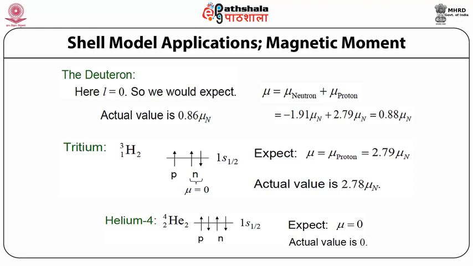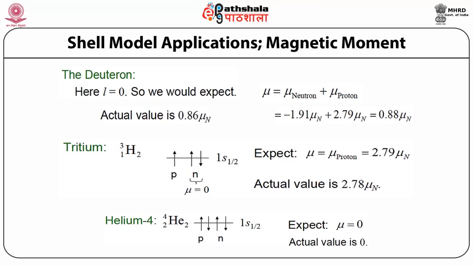Now, in the second case, the case of tritium is discussed. In tritium, the chemical symbol is 3H. So, it has one proton and two neutrons. Again in this case, L value is 0 because the odd proton is in the s orbital. The two neutrons are again in the s orbital.